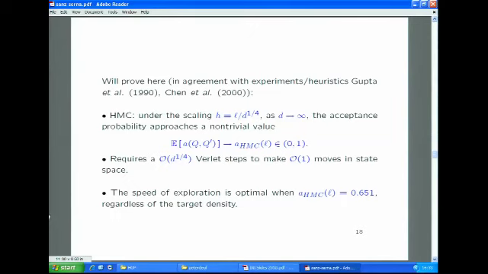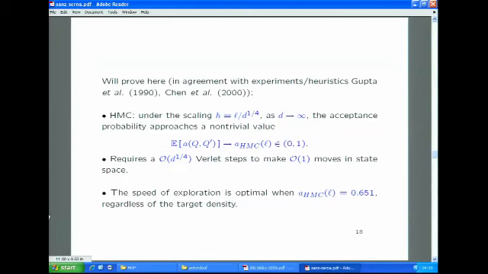So if you adjust the step length in the Verlet algorithm by using this recipe, L is an arbitrary constant that you're free to choose, but here each time you multiply the dimensionality by 16, you adjust your Verlet step, you will be in business, because you will see that the acceptance ratio that you get approaches a non-trivial value, something which is not 0 and is not 1.